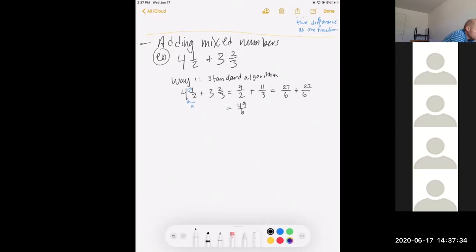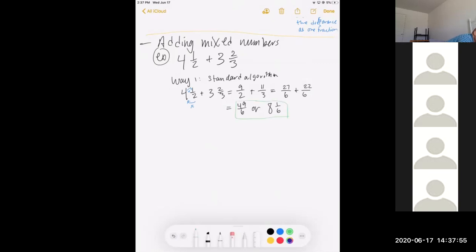Now I know that I can leave it like this as an improper fraction, or I can change it to a mixed number. Depending on my context, either one will be correct. So 49/6 is equal to, if I divide it, 8 and 1/6, because 6 times 8 is 48.